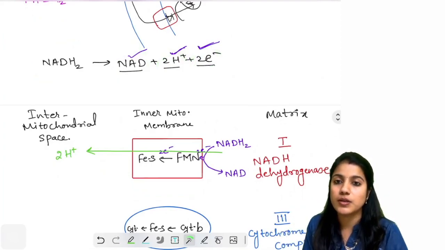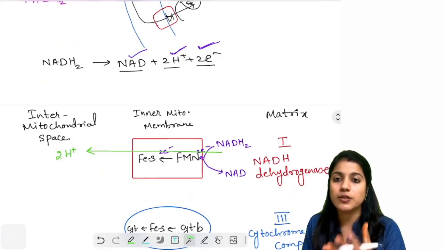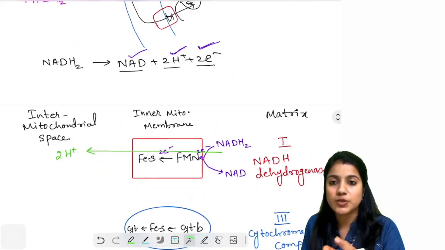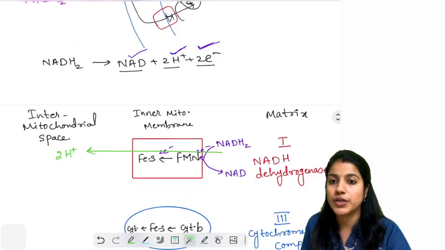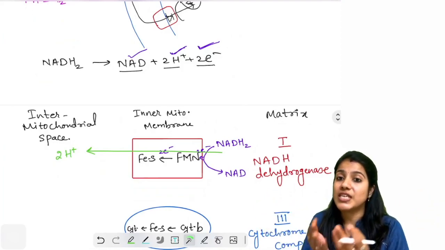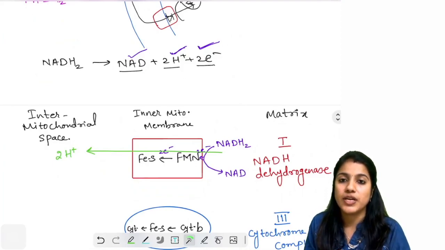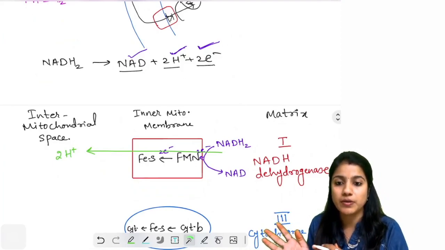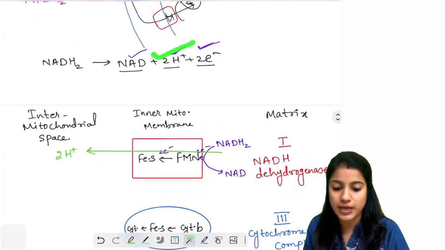As I told you earlier also, energy will be created. Due to the energy created during transport of electrons, 2 protons will get pumped, those 2 protons which came from NADH2.